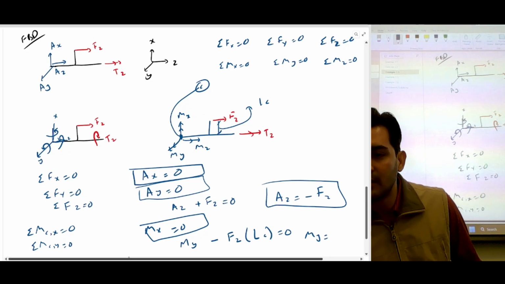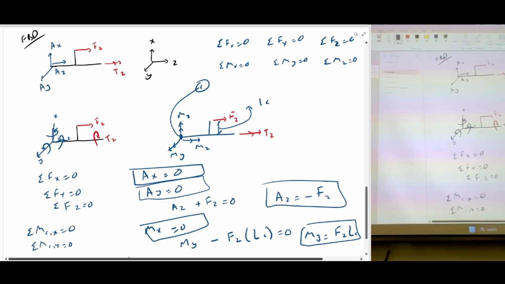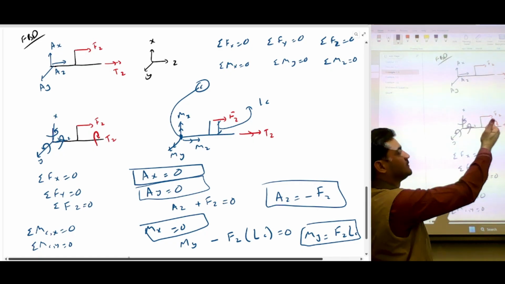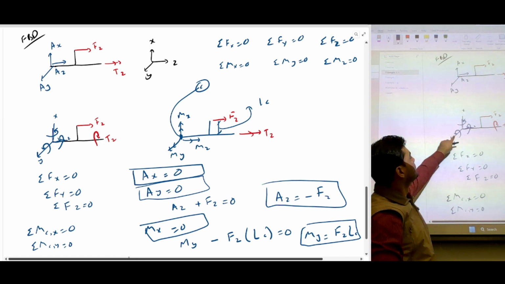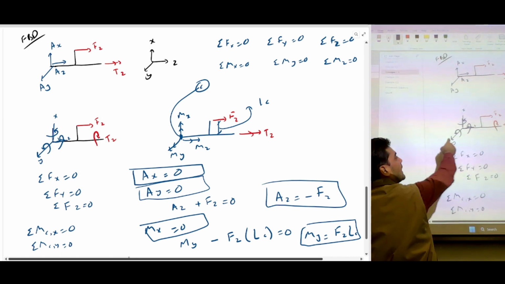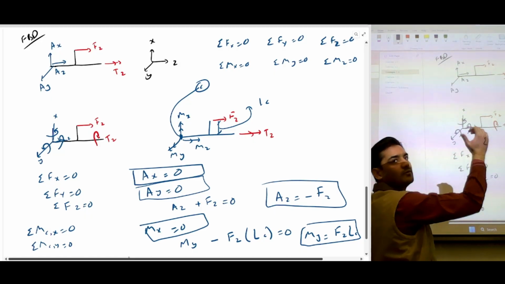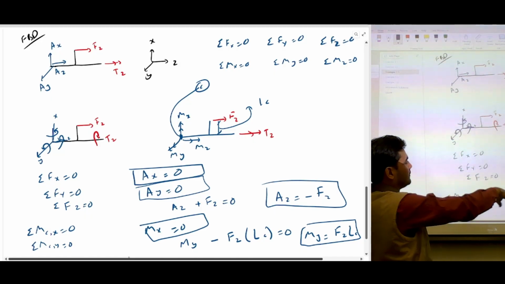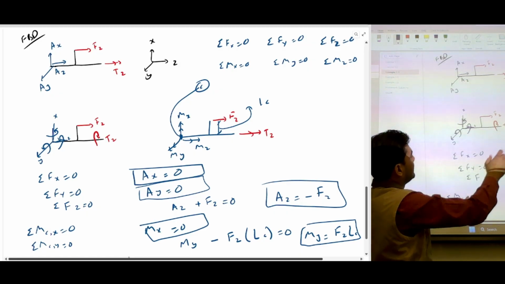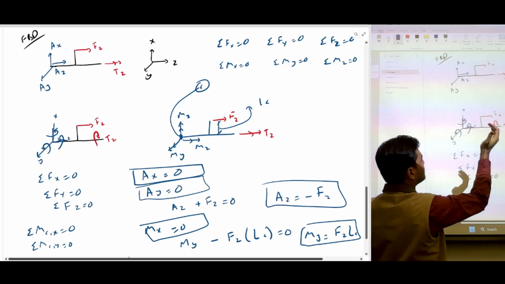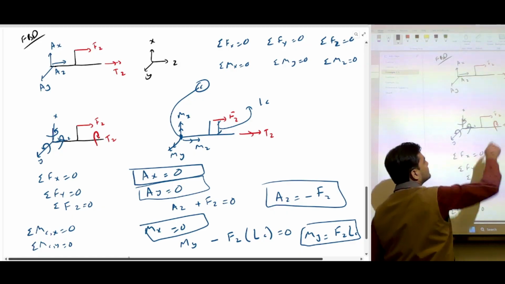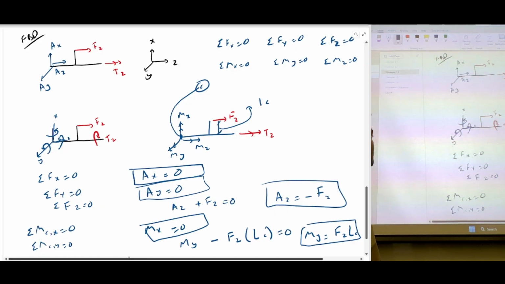So the moment would be Fz LC. That's the moment I'm getting for the y-axis. The y-axis is basically outside the plane. So that's the moment, which is positive because the direction of the axis and the rotation of the moment are both giving me the same direction, so I put a positive sign. And that's the y-axis. So that's the force, and that's the moment.